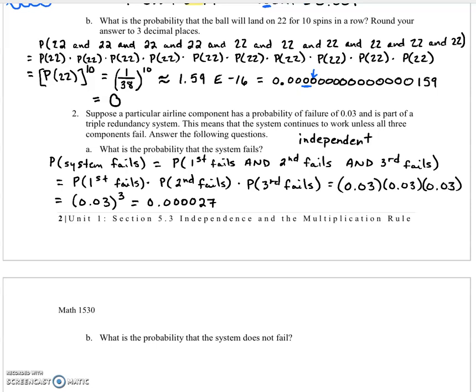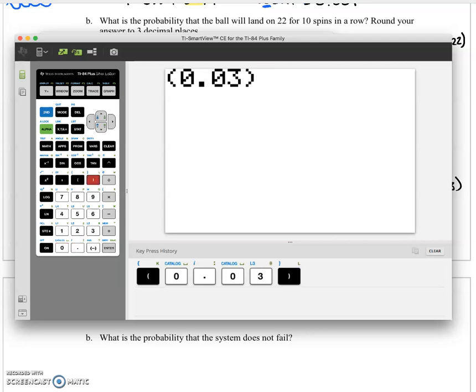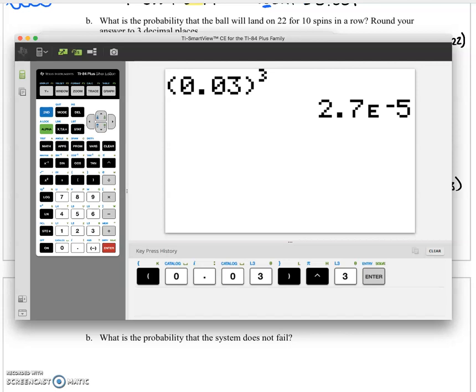If you want to see how that happens in the calculator, we would type 0.03 inside parentheses, hit the caret button again, right here under the clear, and then hit the 3 for the third power, and then hit enter. So again, we have something that is in scientific notation.